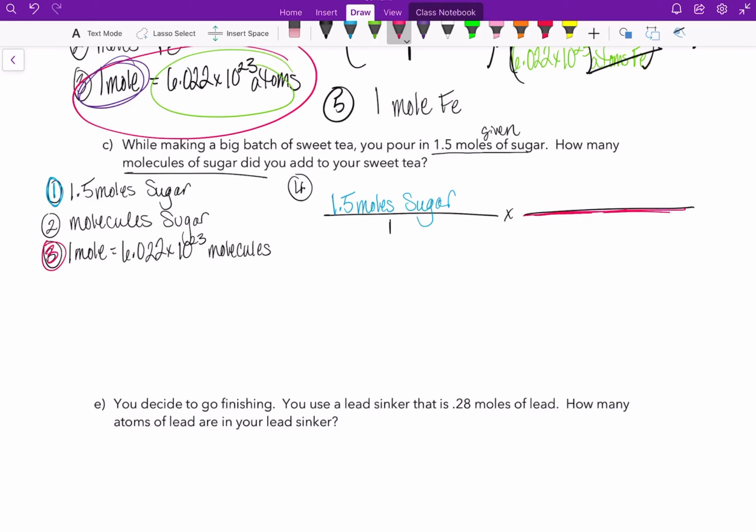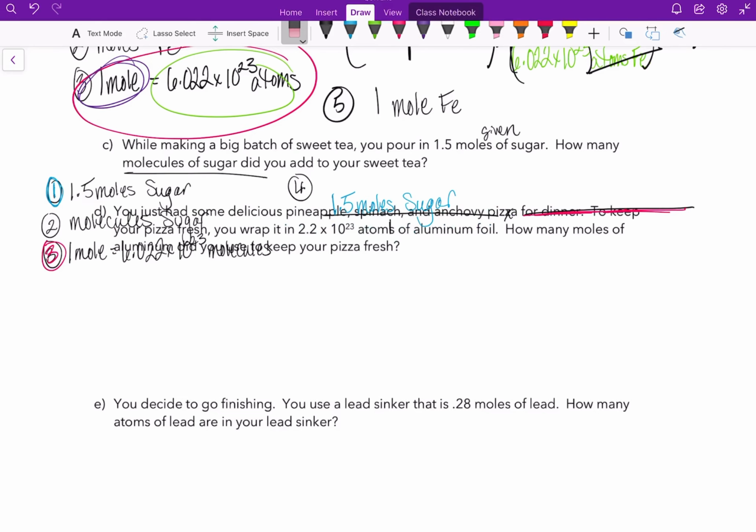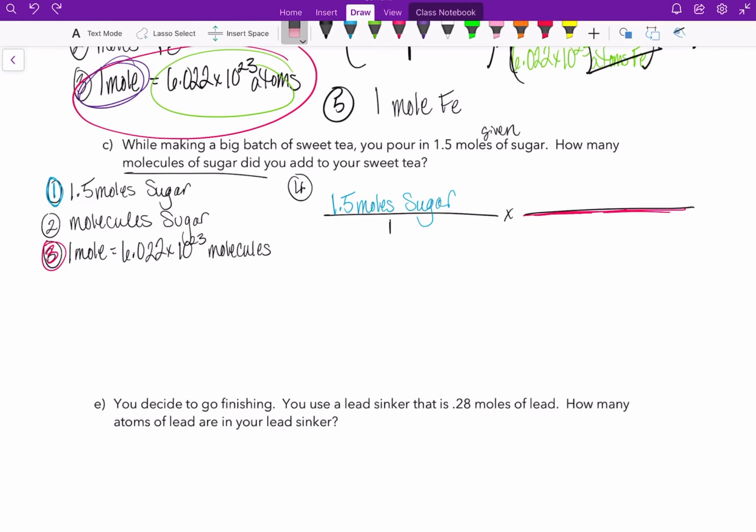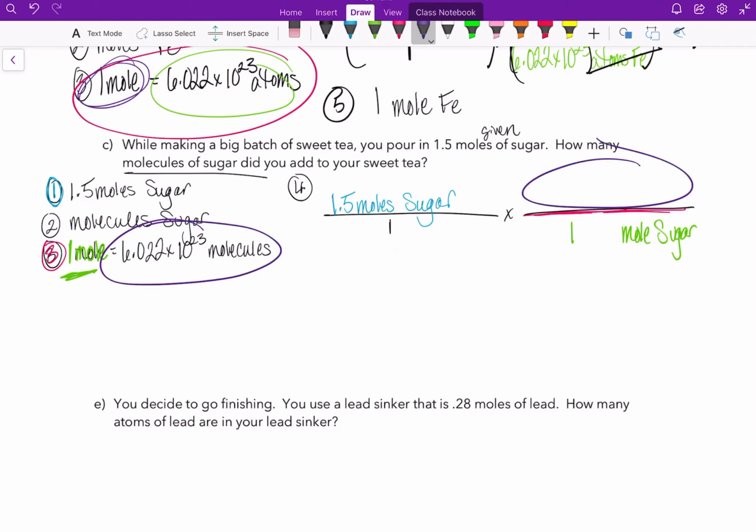The way that we order it depends on what is in this first fraction. So we have moles of sugar up here. Our units have to match diagonally. So moles of sugar will go down below. To figure out what number that is, we take a look at our conversion factor, and the number right there is 1, so we'll put 1. Now we're gonna put the rest of the conversion factor up top.